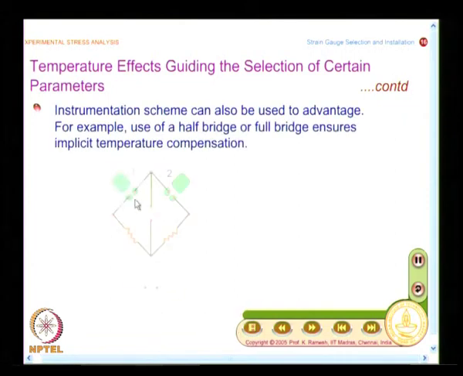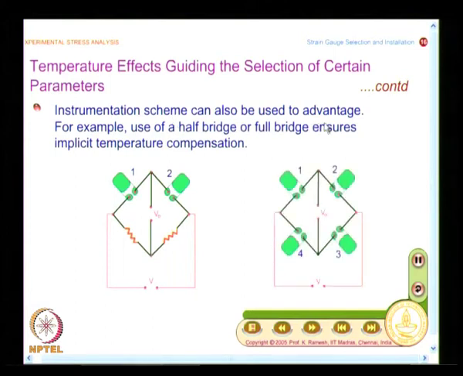We have also seen that the instrumentation scheme can be used to advantage in handling temperature effects. If you use a half bridge, whatever temperature changes happen in arm 1 will be cancelled by temperature changes in arm 2, if both the strain gauges are exposed to similar temperature levels.